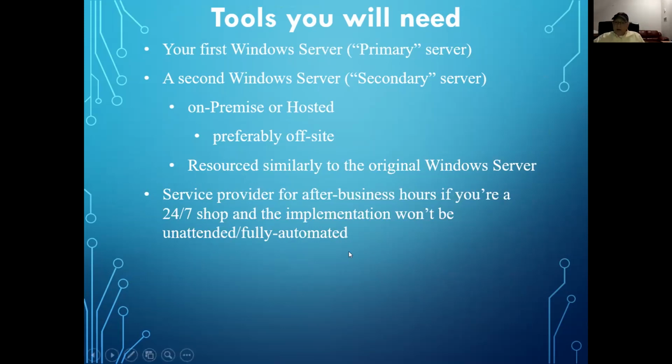And that's if the rollover or the failover to the secondary system or the tertiary system won't be unattended or fully automated. The dream is to have that fully automated, unattended. You can have that dream today pretty easily with AWS and Azure.